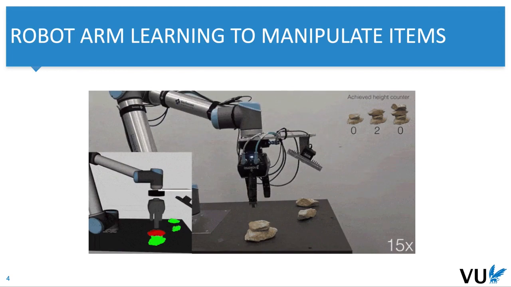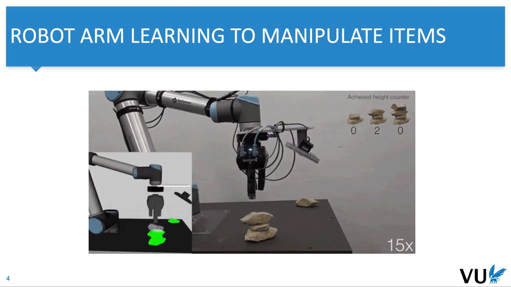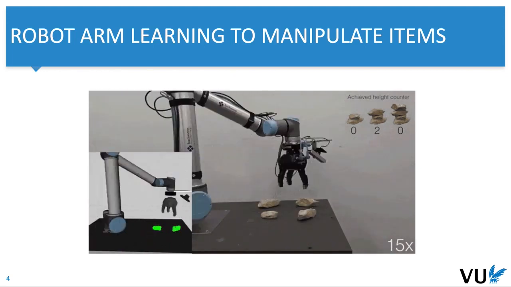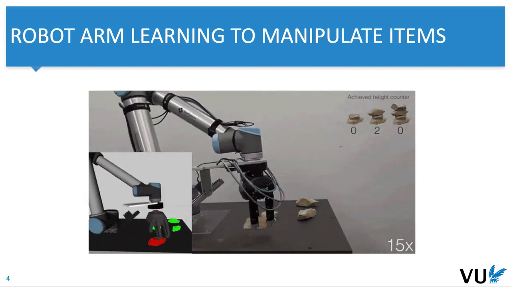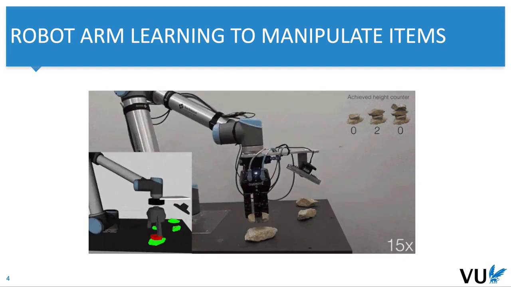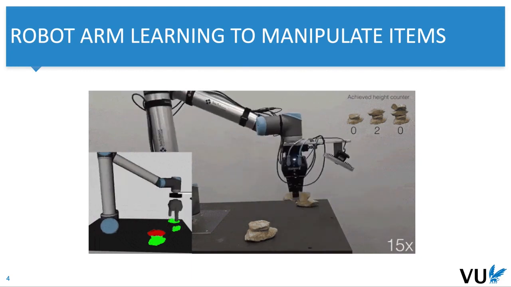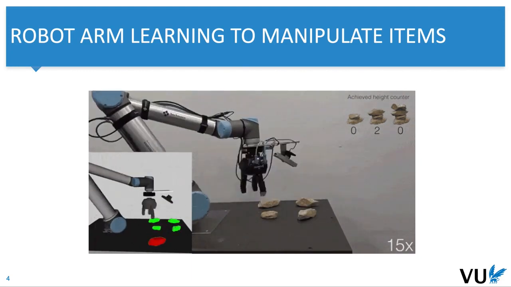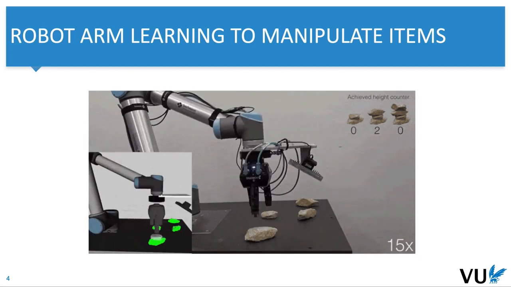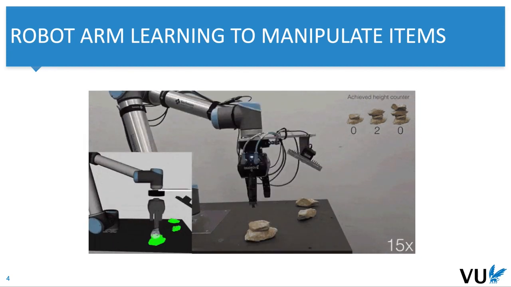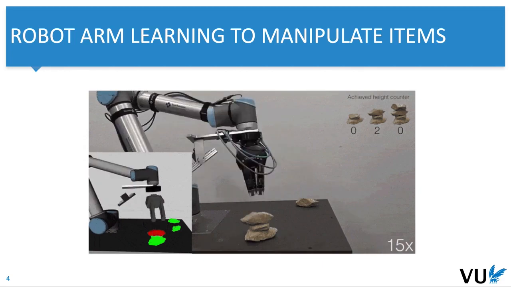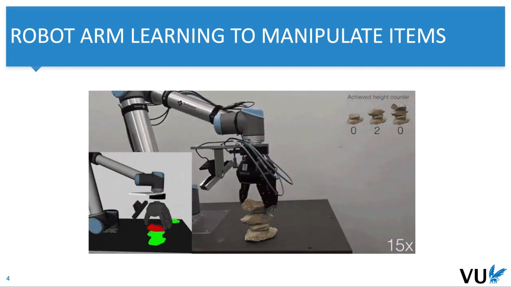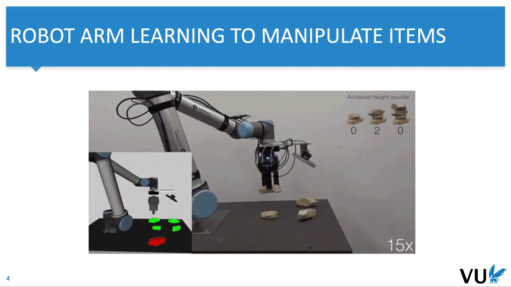It is trained in simulation because it's easier, of course, and then the same controller is embodied in this real robot arm, and you can see that it's doing pretty well. It is capable of manipulating these tiny objects, moving them, and so on.